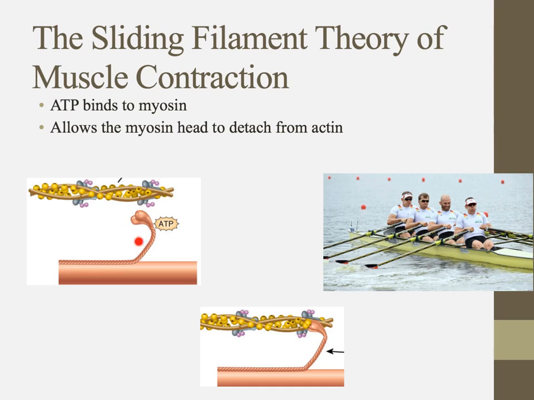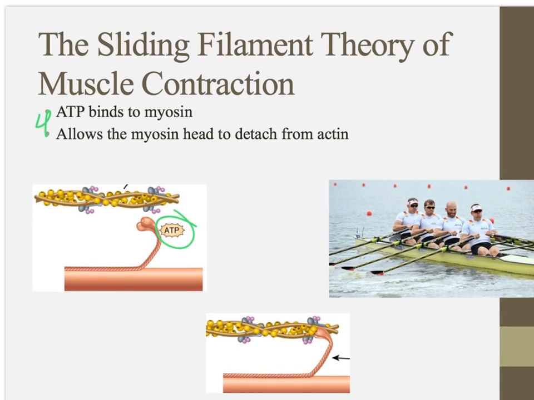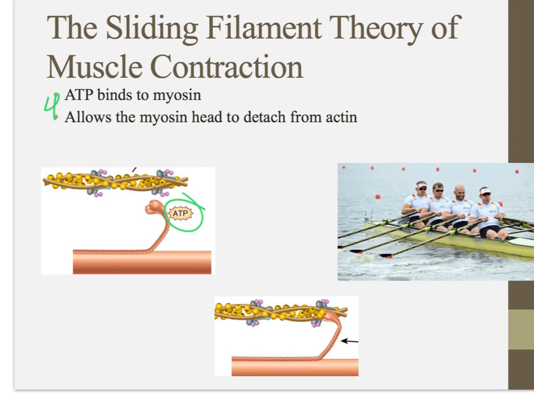Okay, and in order to do that, I'm going to need ATP. So the ATP allows the myosin head to detach from this actin. We don't have a cross bridge anymore, so no more cross bridge. That's gone. Okay, we've broken that. And now we're going to be ready for the next power stroke.